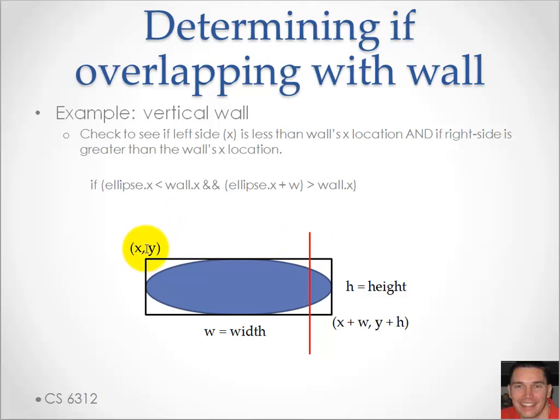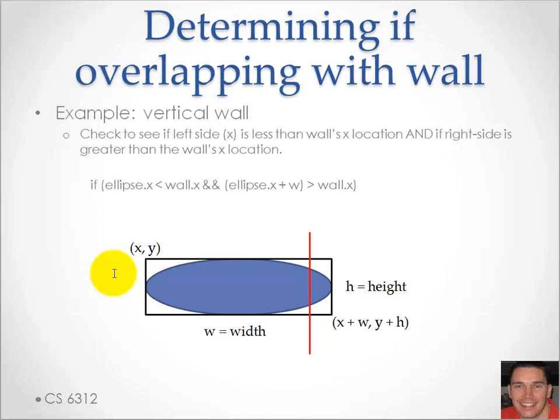And then if that's true, and the right-hand side of the bounding box is greater than the wall's x location. So if this is less than, and this value over here is greater than, then we know that this object has overlapped our vertical wall. So in doing this, we're going to end up writing some if statements like the following to determine if we're going to have an overlap or this intersection occur.